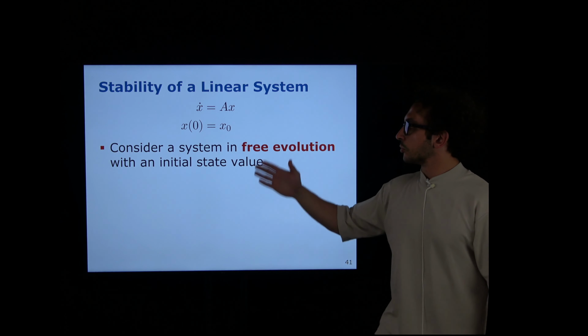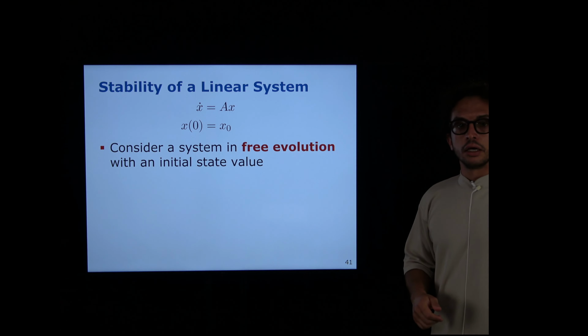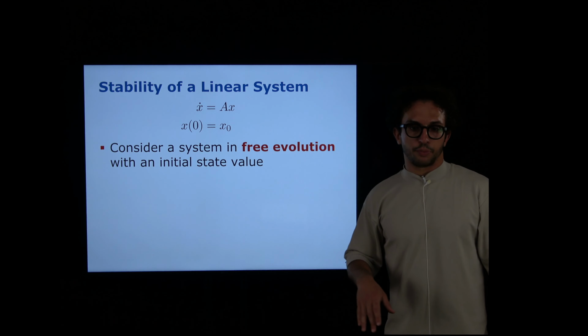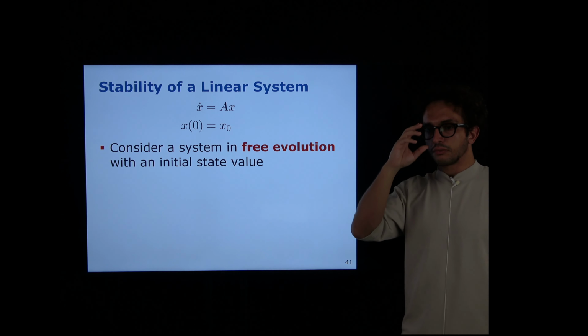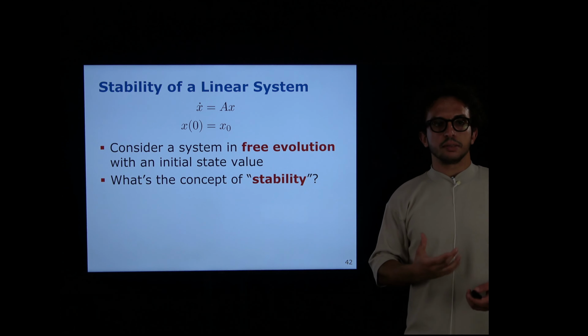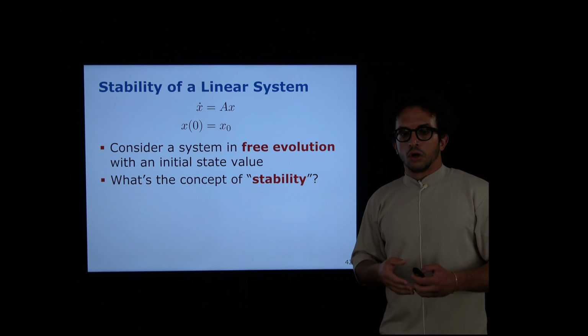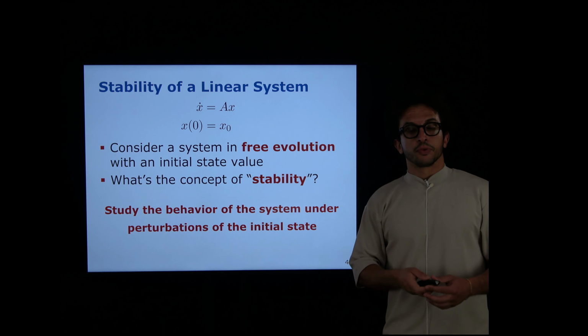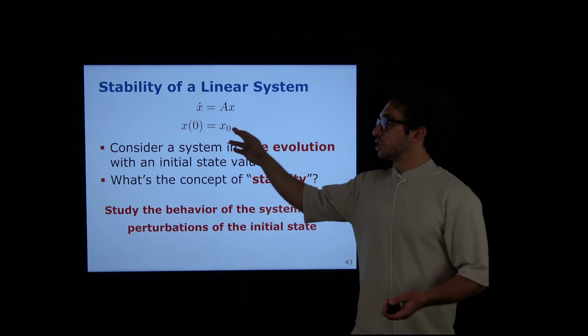To do it, we consider the system in free evolution. So at the moment we are forgetting about the input part. What is the concept of stability for this system? So what does it mean to be stable? Well, we want to study how the system evolves based on perturbation of the initial state.